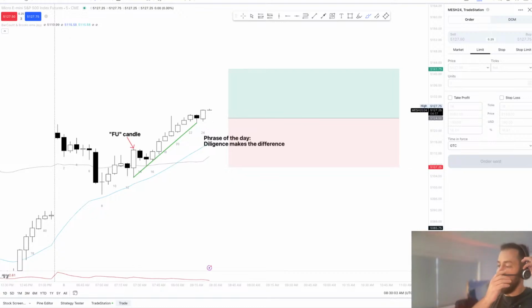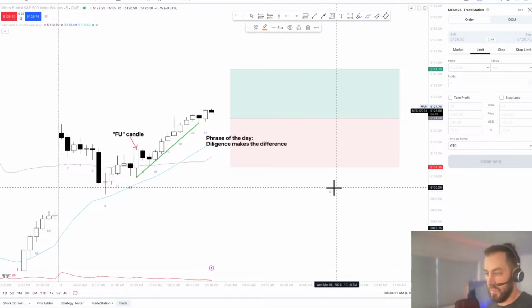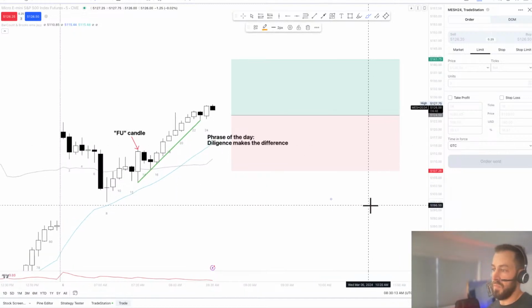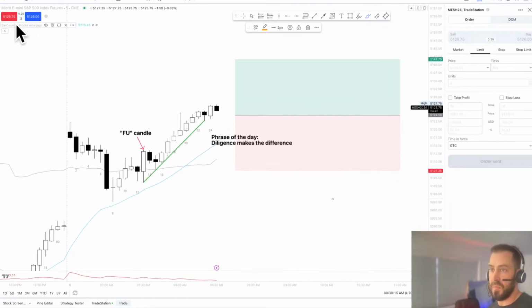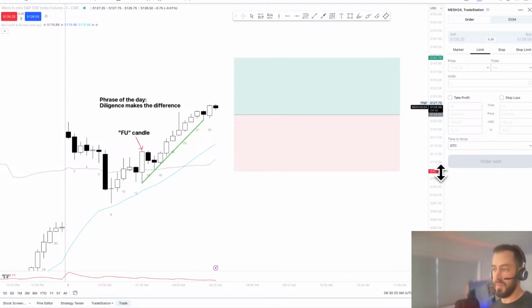Man, our levels are sounding good. Sound quality is incredible on the stream. Diligence makes a difference. Patience is power.